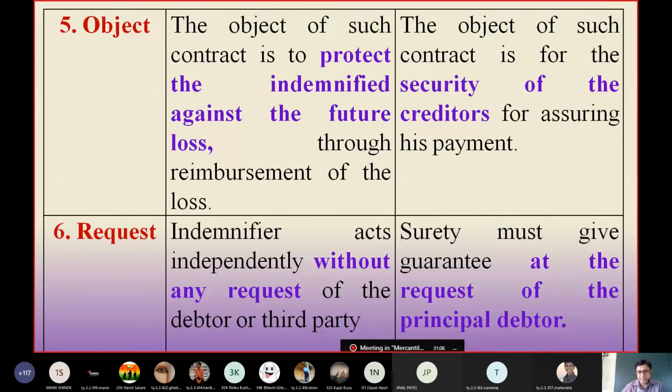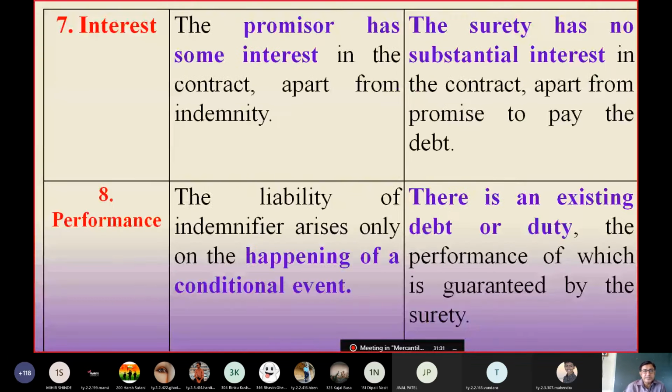So in such circumstances, what will the debtor do? The debtor will try to convince, will try to request maybe his friend to become a guarantor, to become a surety. Please you become surety. Please you come with me, become guarantor. And if you become guarantor in the particular transaction, I will get goods on credit or I will be able to get a loan. Such request is a must.